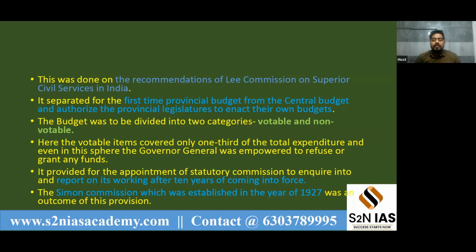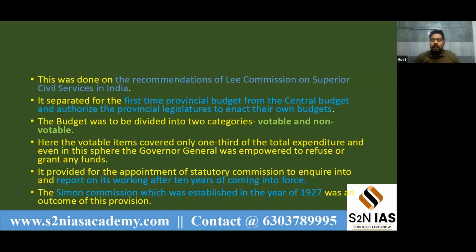Here, the votable items covered only 1/3 of the total expenditure, and even in this sphere, the Governor General was empowered to refuse or grant any funds. So out of 100 rupees, only 33 rupees will be under votable expenditure.